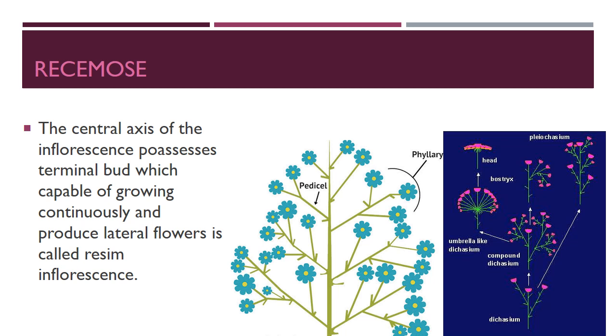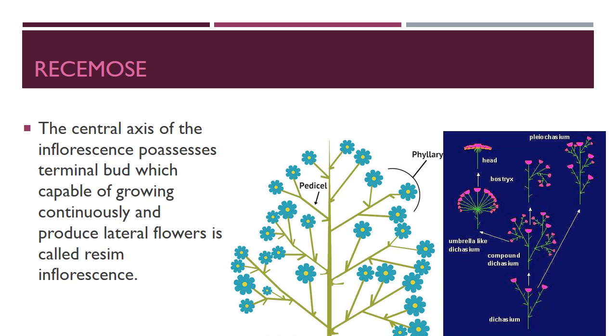Already we learned in the difference between cymose and racemose: the oldest flower at the base. Here also similarly, the old flowers are at the base and younger flowers and buds are towards the apex. This is a major difference and the best characteristic of the racemose.